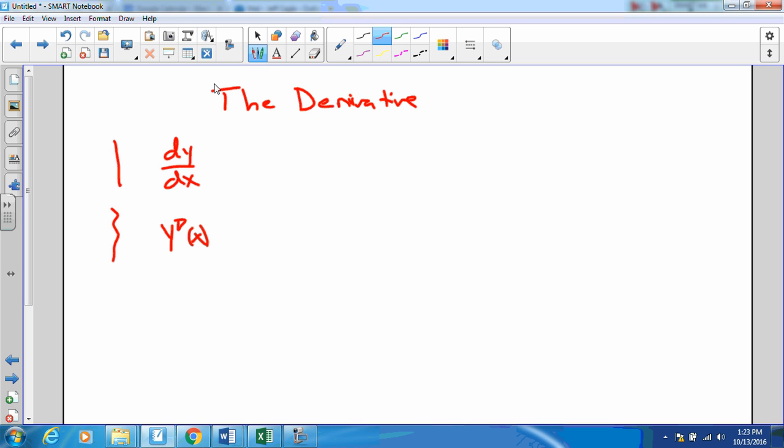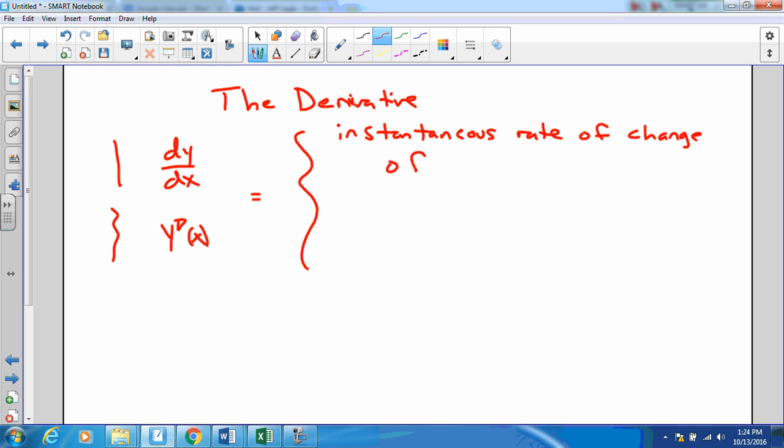Both of these are just two different ways of writing the same thing, which is the instantaneous rate of change of y with respect to x. And we used this abbreviation yesterday, "with respect to."